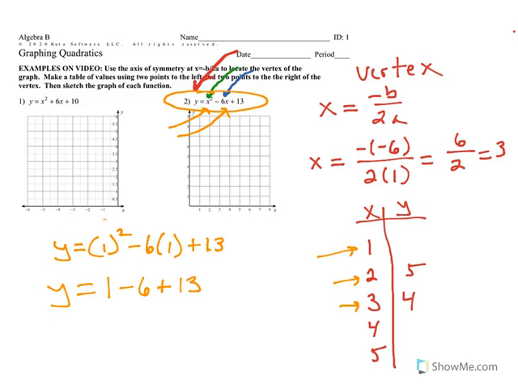And 1 minus the 6 plus the 13 should get you 8. So y is 8. And then we'll do the 4.